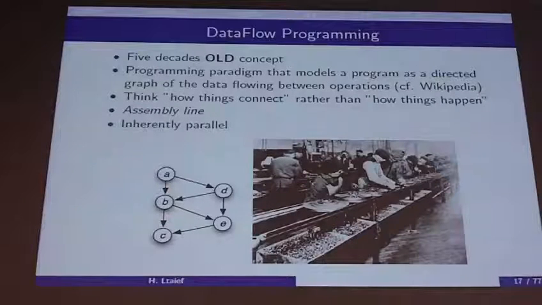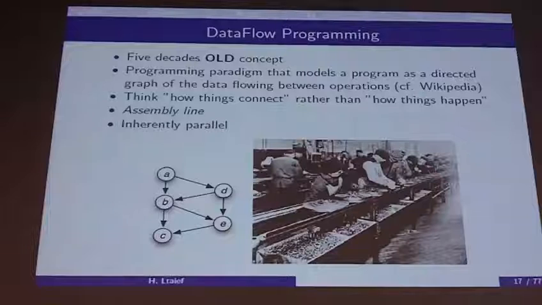When you try to sit down and look at it, it's a DataFlow programming model we're talking about here, right? So it's a 5-decade-old concept. It's not something new. We're not reinventing the wheel. It's been there for a long time, and this old concept can actually help make our life easier on the new architectures. It's a programming paradigm that models a program as a directed graph of the data flowing between operations.